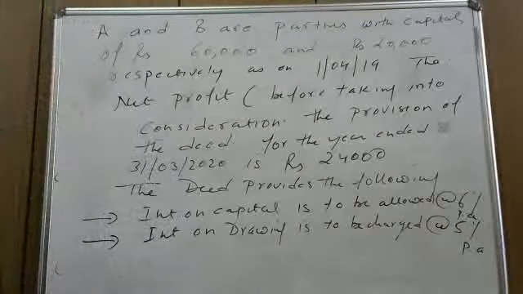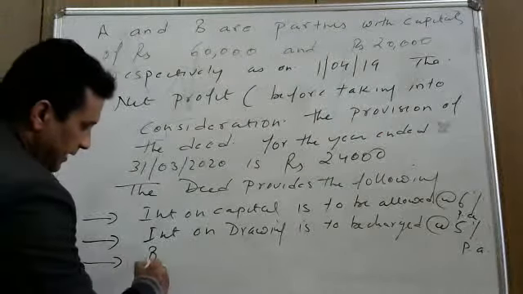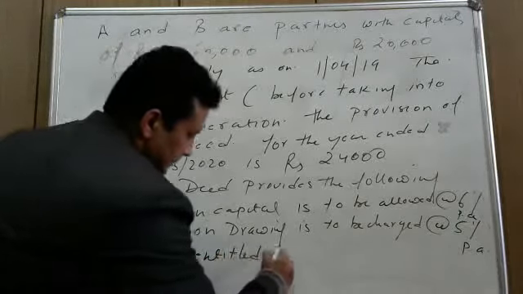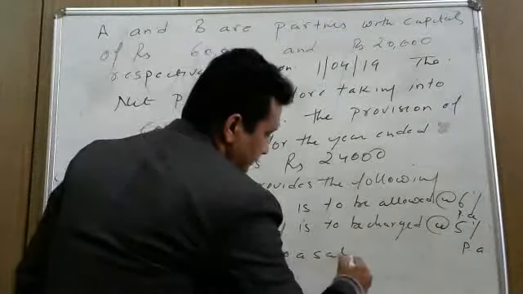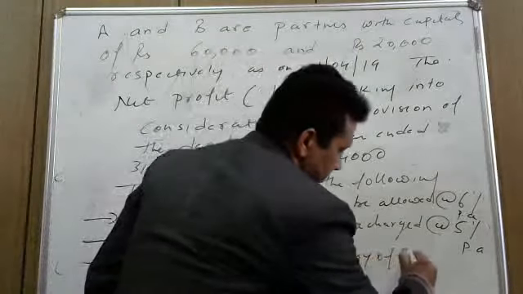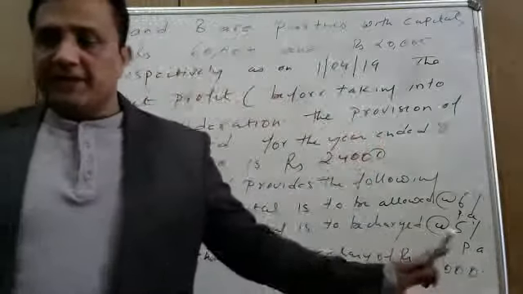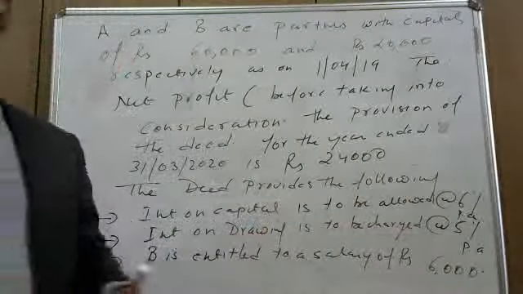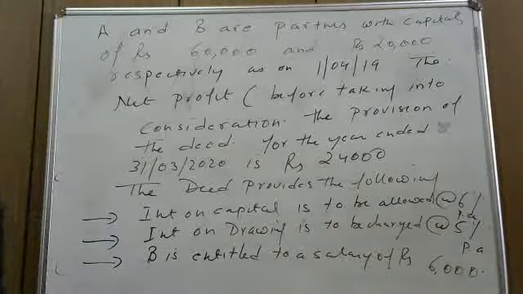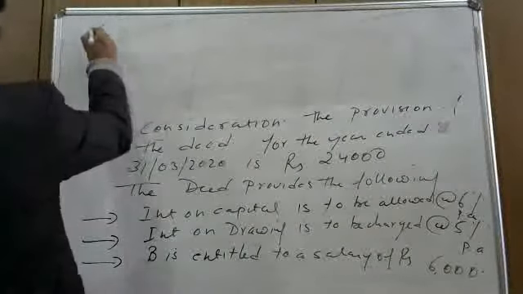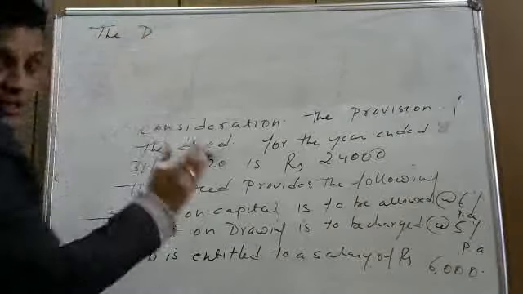B is entitled to a salary of rupees 6,000 per annum. Means B is getting a salary of rupees 6,000. The drawings are in continuation with the question only.